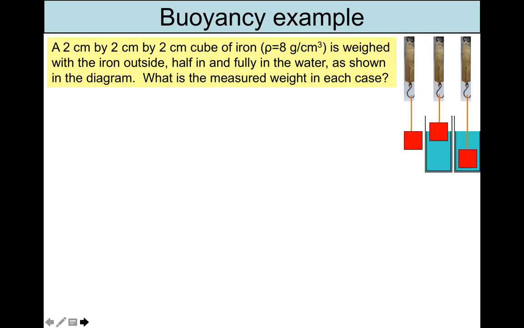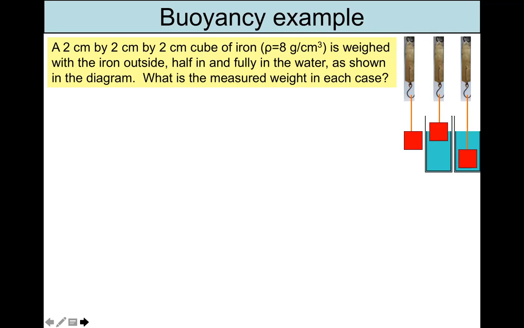So let's look at an example showing different scenarios. This is similar to our lab where we're weighing objects in air versus in water. If you look at the first picture, you're just putting an object and weighing it in air. Well, we know how much weight we will measure. It's just going to be the weight of that object.